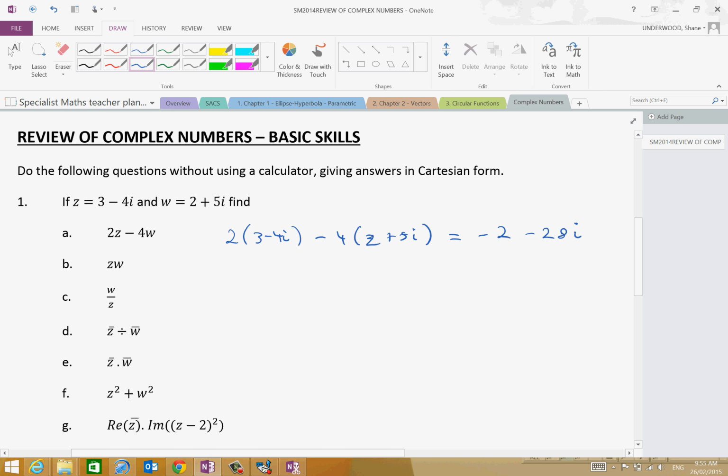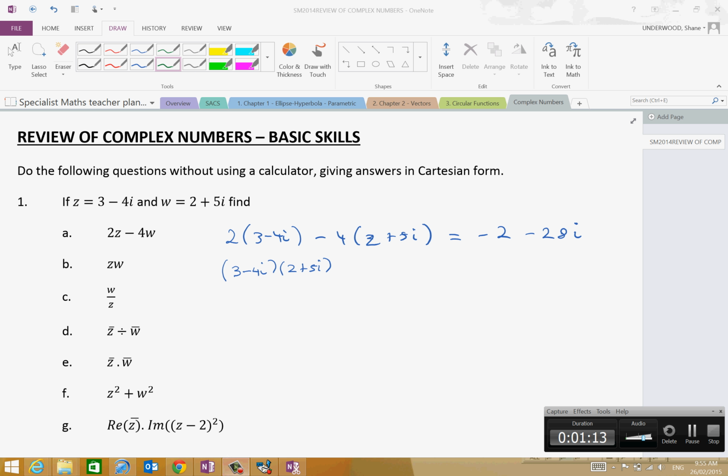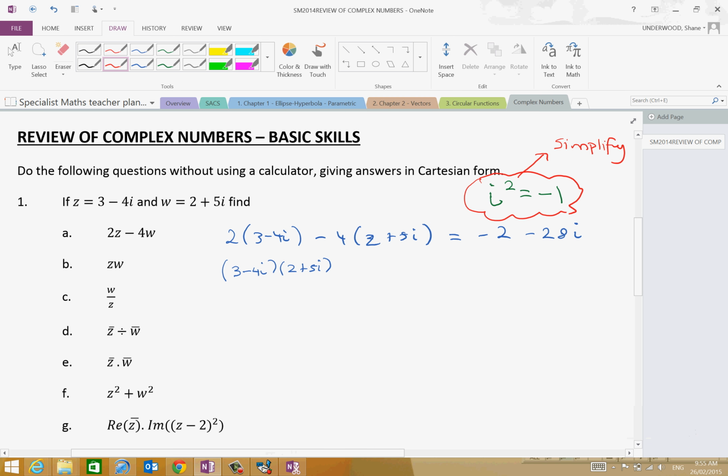Z times W. Now be careful because we know that we need to write it out. 3 minus 4i times 2 plus 5i. Okay, what you need to realise is that i squared is negative 1. So when we're doing this, we can always simplify that because it is a real number.